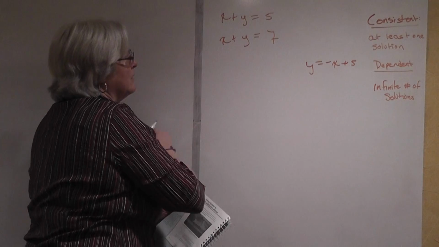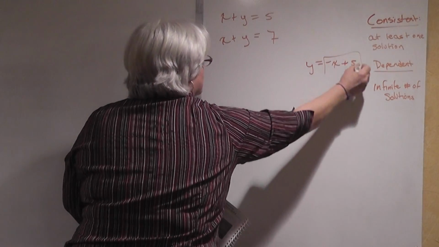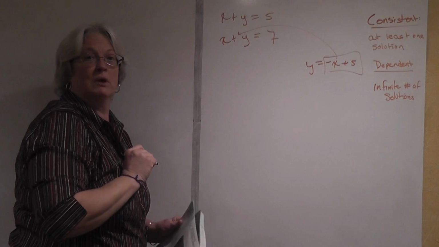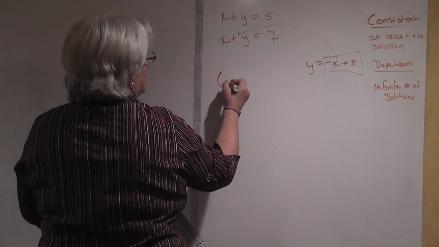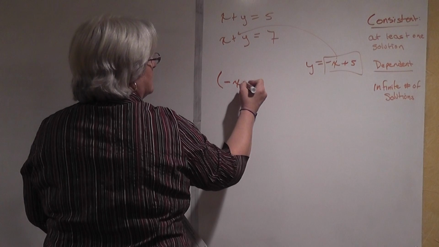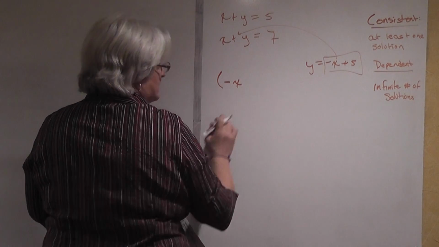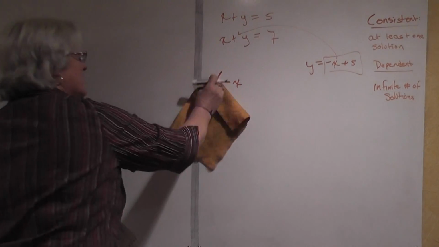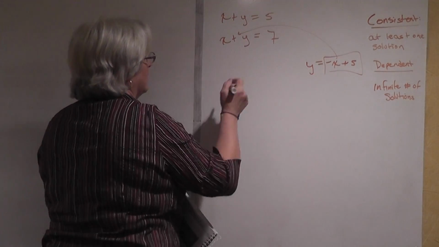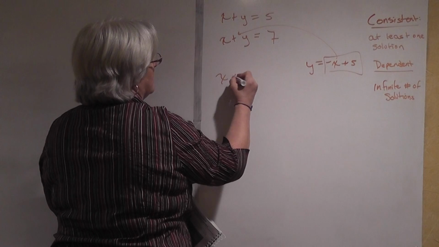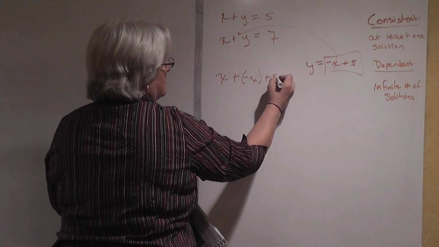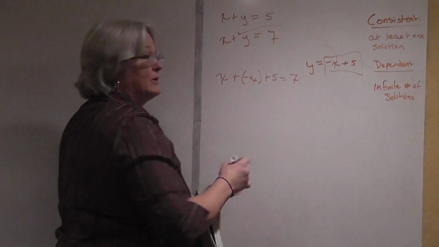I've solved for y. Let's take negative x plus 5, substitute it into this equation and see what we get. I have negative x plus 5 substituted in for y. Not going to do me any good substituting it in for x because that would be completely incorrect. I have x plus negative x plus 5 is equal to 7.